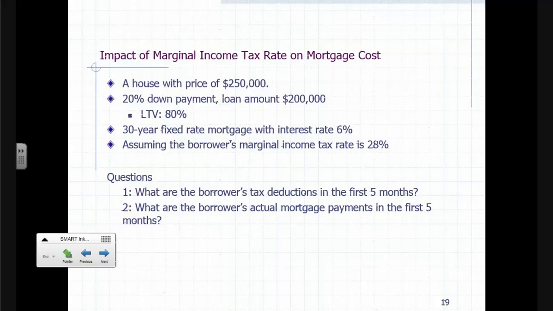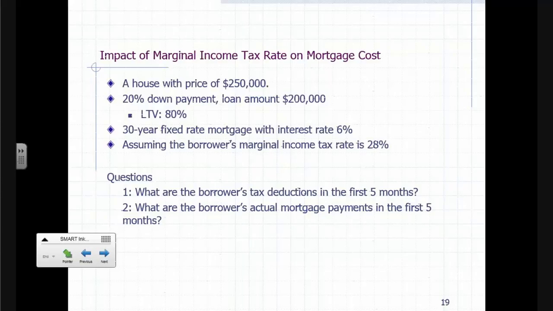What are the borrower's tax deductions in the first 5 months? Month 1, month 2, month 3, month 4, month 5. So what do I do? First I compute the monthly payment for the mortgage, the 5 keys method. N will be 360. Interest rate 6 divided by 12. Present value will be $200,000. Future value will be 0. Compute the payment.